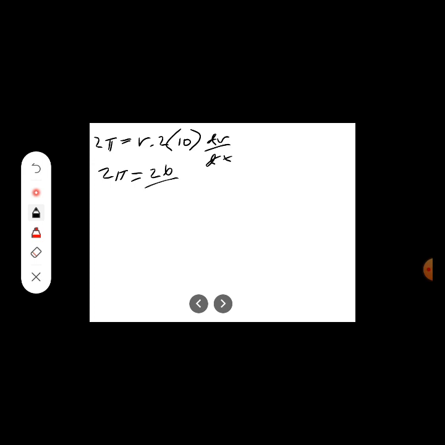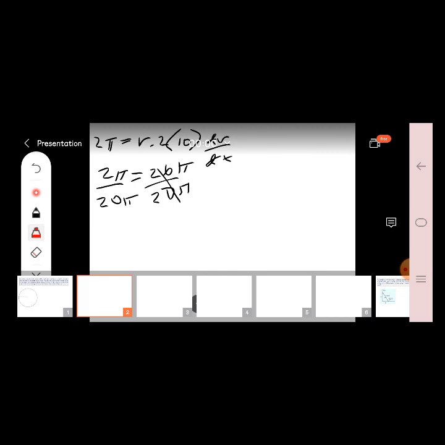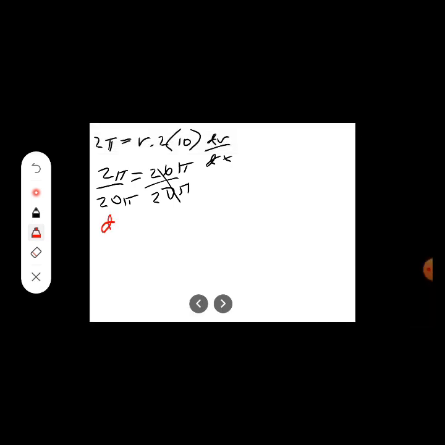Then let's divide both sides by 20π. Let's cancel. So we have dr over dt equals 2π over 20π, or 1 over 10.